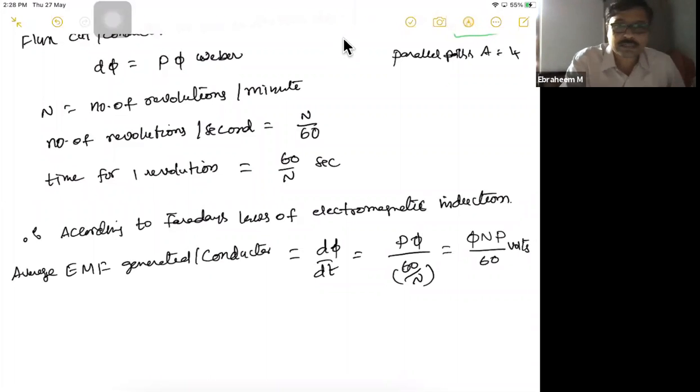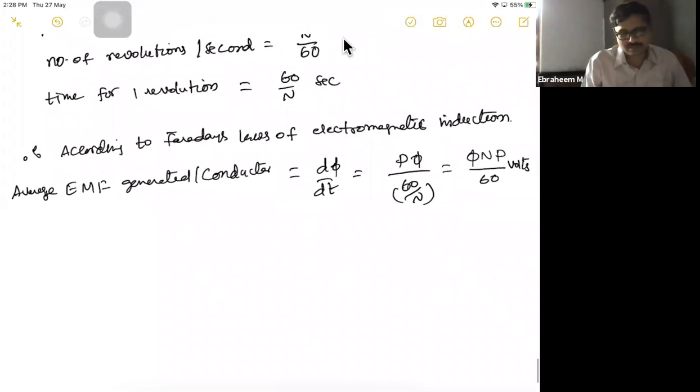In one conductor, in one revolution, this much amount of EMF is induced. But this is only the EMF induced in one conductor, and we have so many conductors. We don't keep a single conductor and expect 100 volts, right?